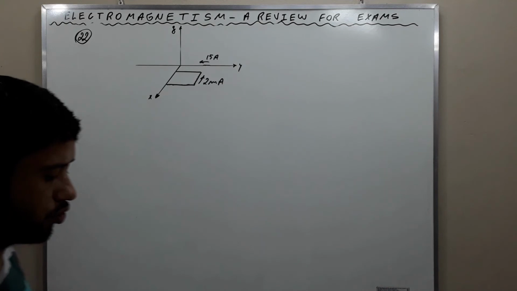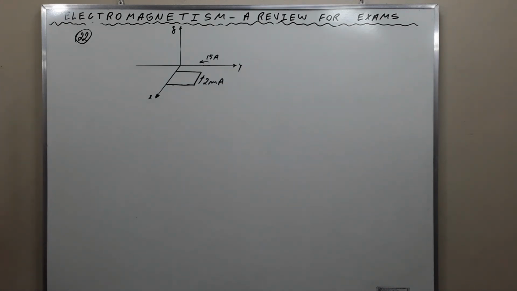Exercise number 22, calculate the force on a square loop of wire in the z equal to 0 plane carrying 2 milliamperes in the field of an infinite filament on the y-axis conducting 15 amperes in the negative a_y direction. Okay?